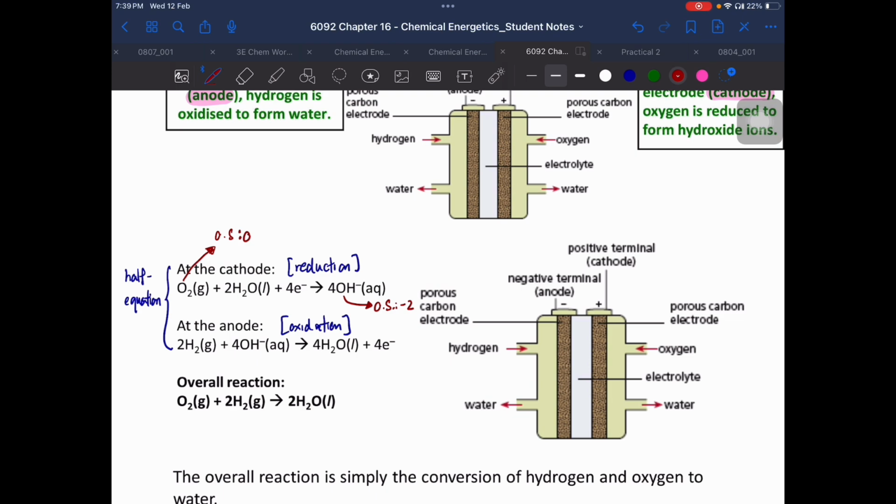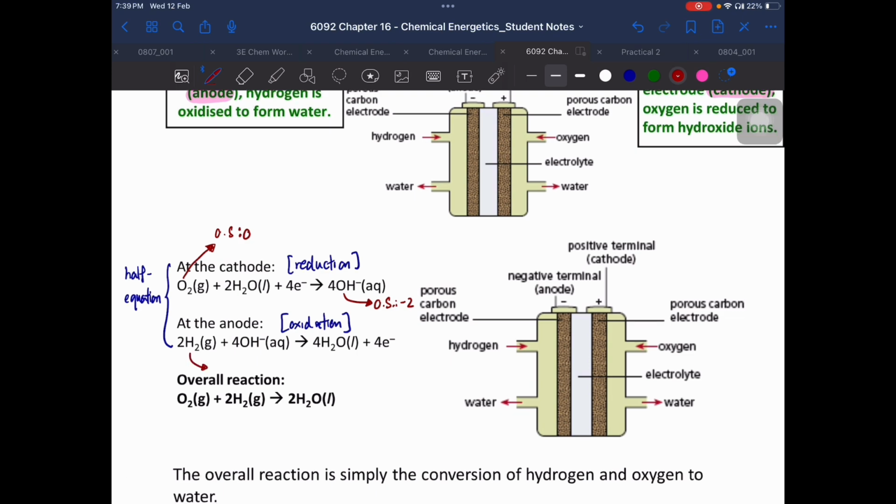And if you look at the anode, the hydrogen over here, because it's an element, has an oxidation state of 0. Then as it reacts, you will form H2O, whereby the oxidation state of hydrogen is actually +1. So there is an oxidation. Based on the reactions happening at the cathode as well as the anode, it allows electrons to move. Once electrons start to move, that's where you get the electricity.